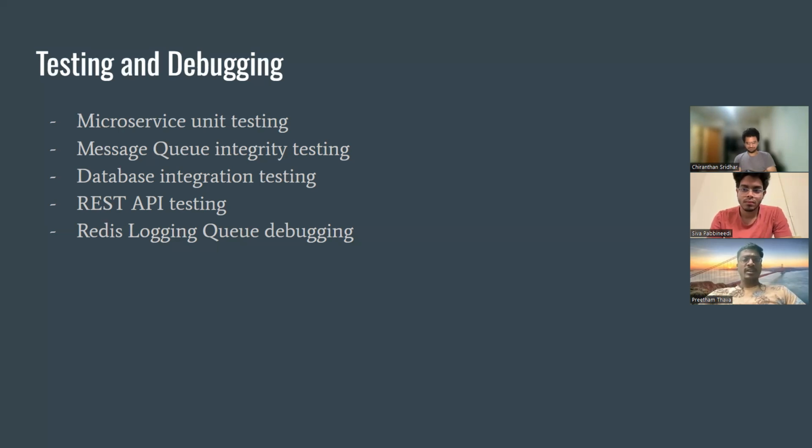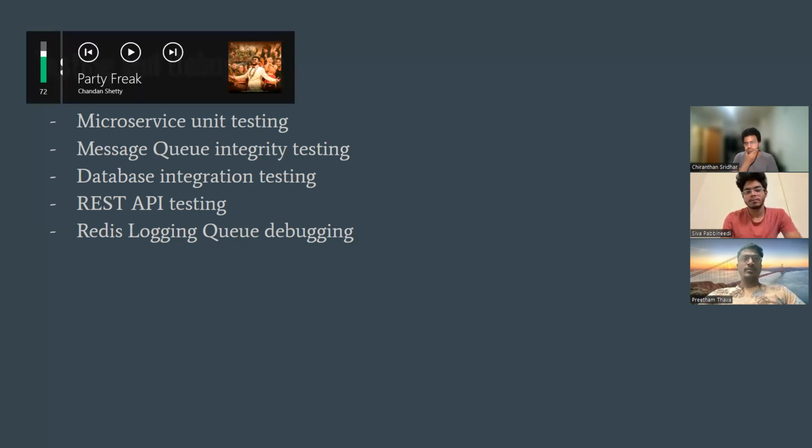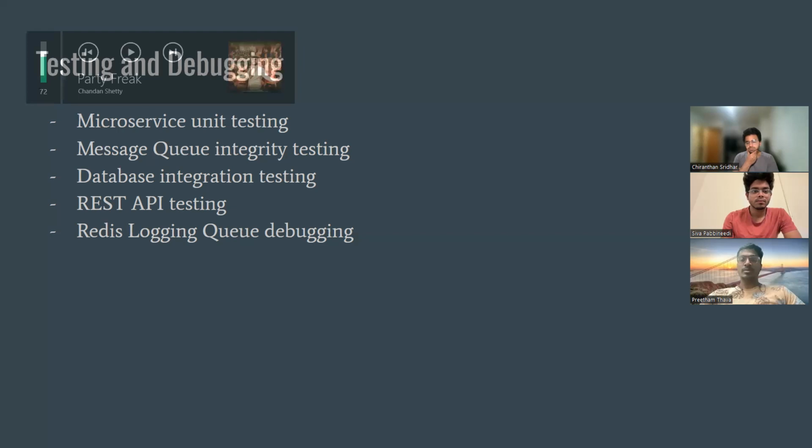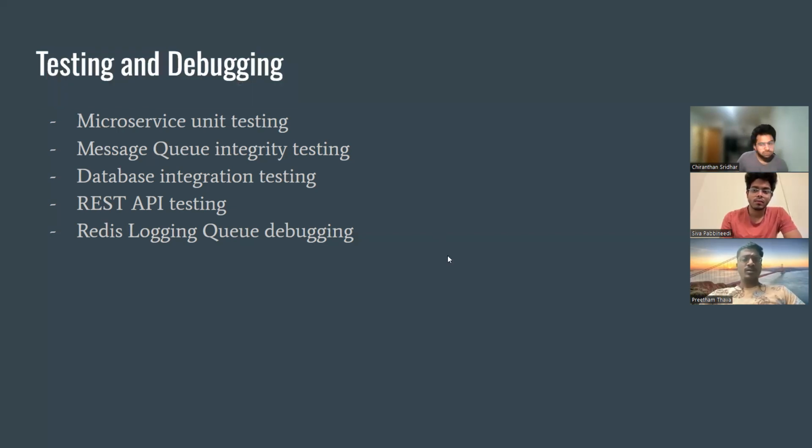And coming to the REST API testing, we had to check if the request and response were being fetched appropriately, and the response has to be JSONified so that it gets passed through HTTP using the content type as JSON. And for the Redis logging queue debugging, we were checking which operations were being performed by each of the components, and because of that logging, we were able to figure out what kind of issues were being faced by each component.